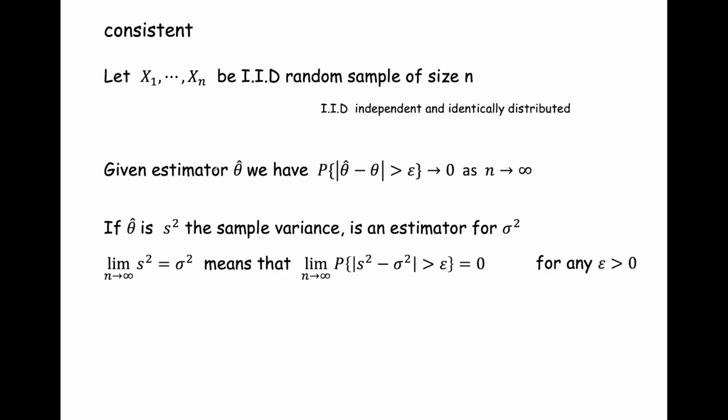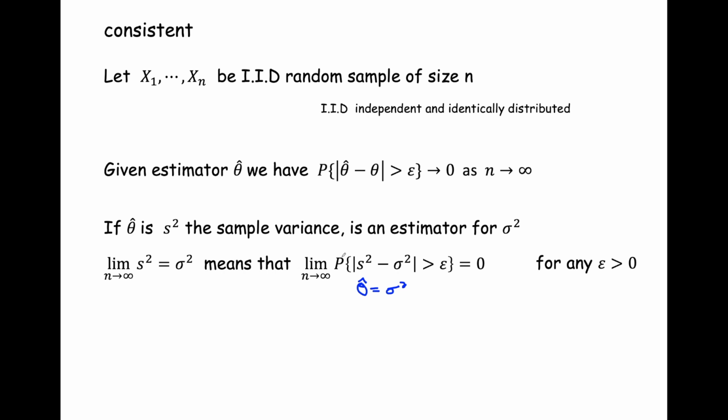Okay, so let's consider s squared, the sample variance, as an estimator for sigma squared, the population variance. By consistency, we would show that if this estimator, our theta hat, which we're considering as s squared, in the limit as n goes to infinity is exactly equal to sigma squared, then this probability is going to go exactly to 0. Why?